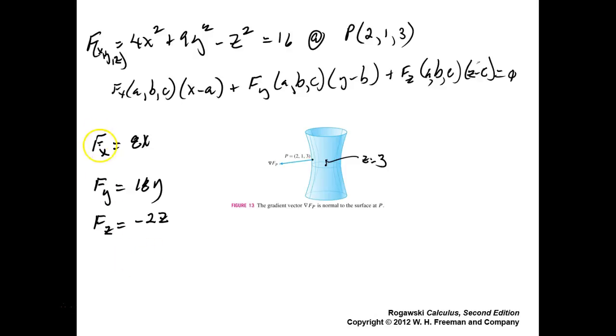Now you're going to evaluate each of these at your (a, b, c). So f sub x is 8x, well your x is 2, so that would be 16 times (x minus 2). So you're just plugging in. Plus f sub y, which is 18y, but your y is 1, so that would be plus 18 times (y minus 1).